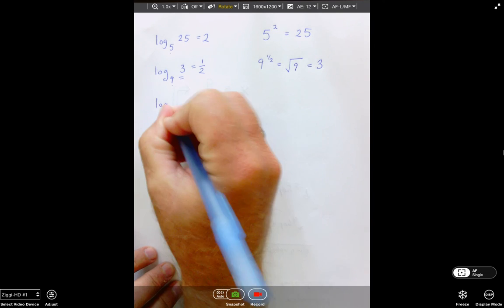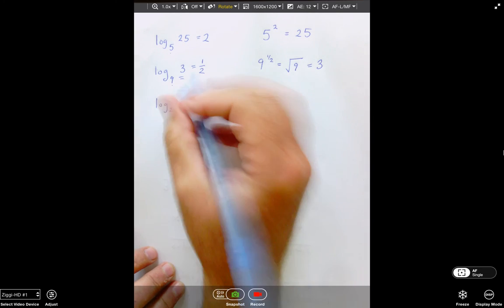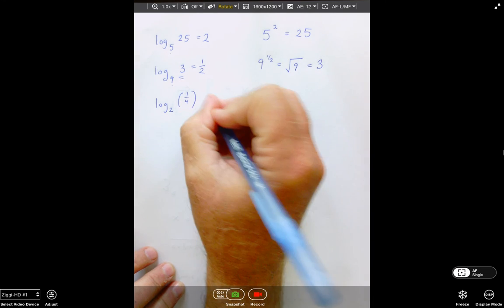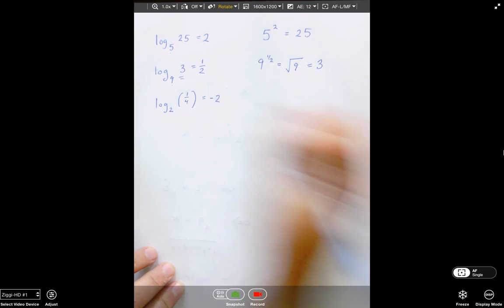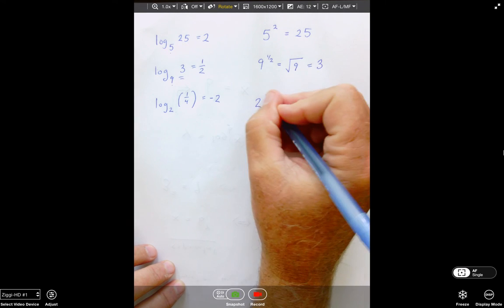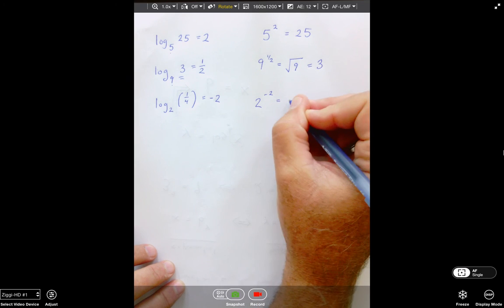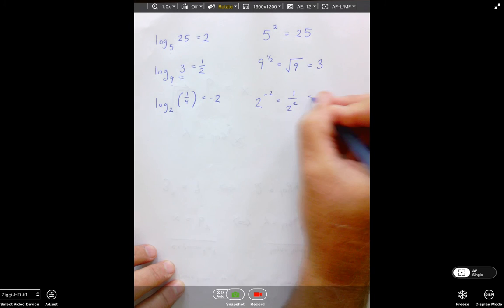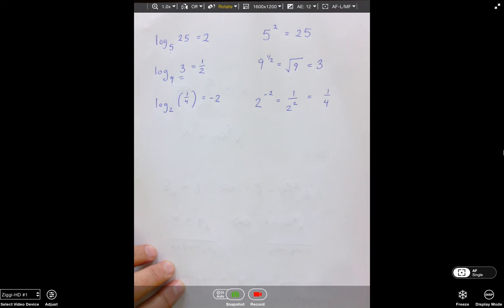I know that log base 2 of 1/4 is equal to -2 because 2 raised to the -2 is 1/2 raised to the +2, which is 1/4.